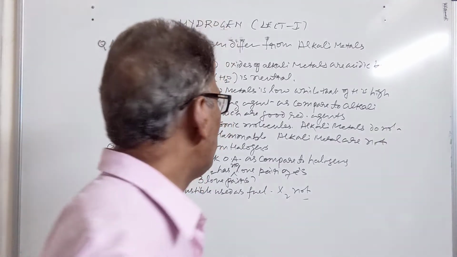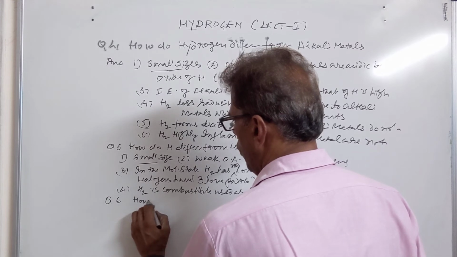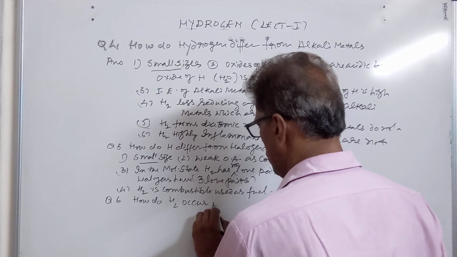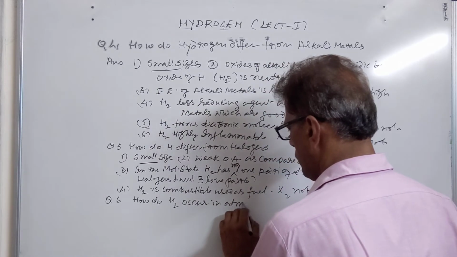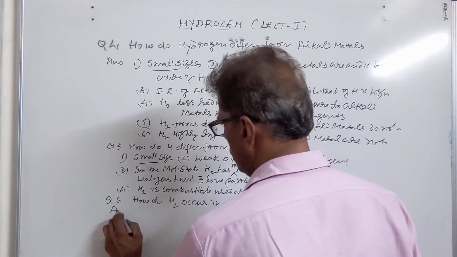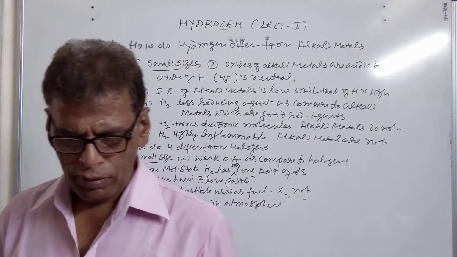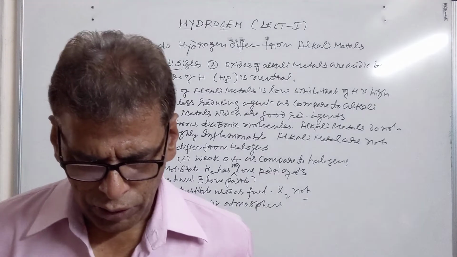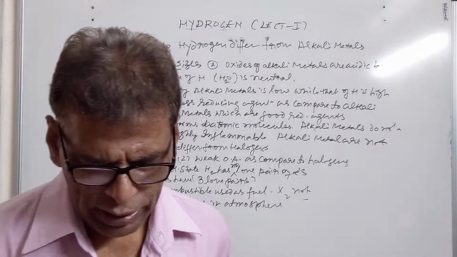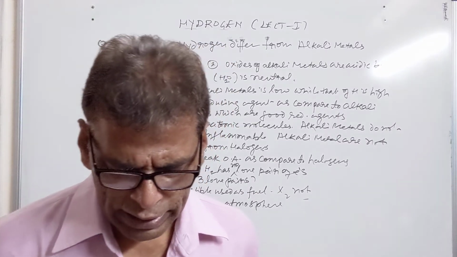Discuss occurrence of hydrogen in the atmosphere. How does hydrogen occur in the atmosphere? Number one, hydrogen exists as a gas in the atmosphere. It is found in sun, stars and all planets.